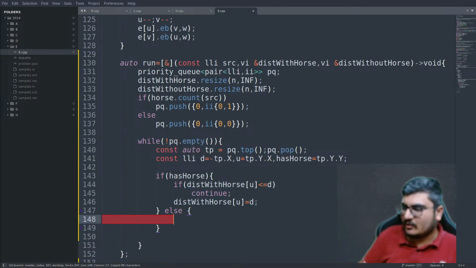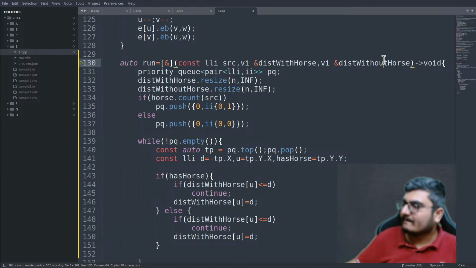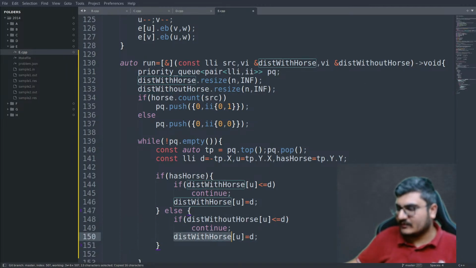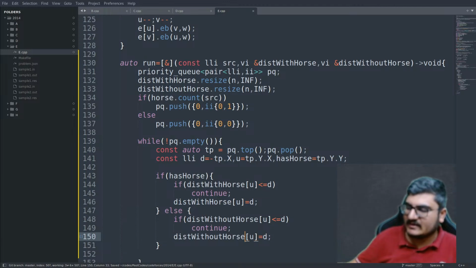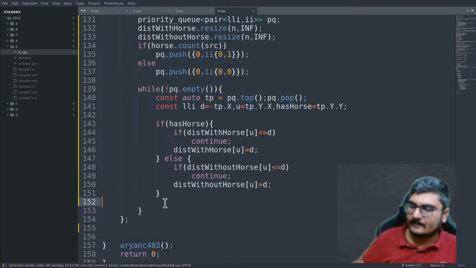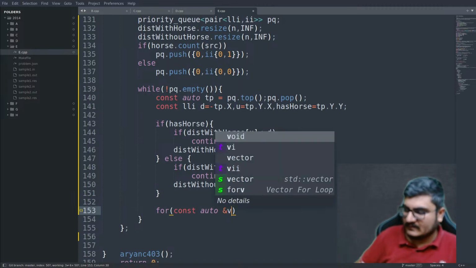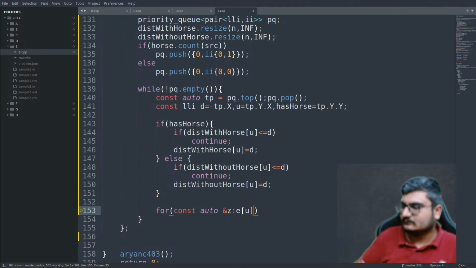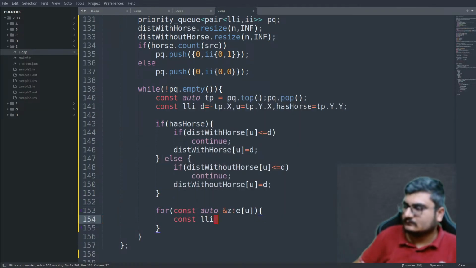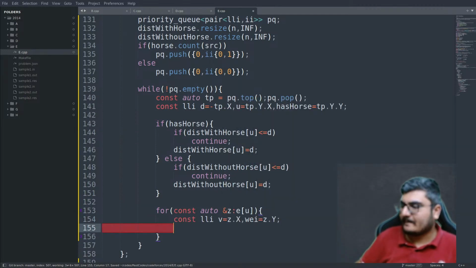Similarly, if we do not have a horse right now, then if the distance without a horse reaching this vertex is less than the best, ignore, otherwise continue. This is the new vertex and the weight of this edge would be this.